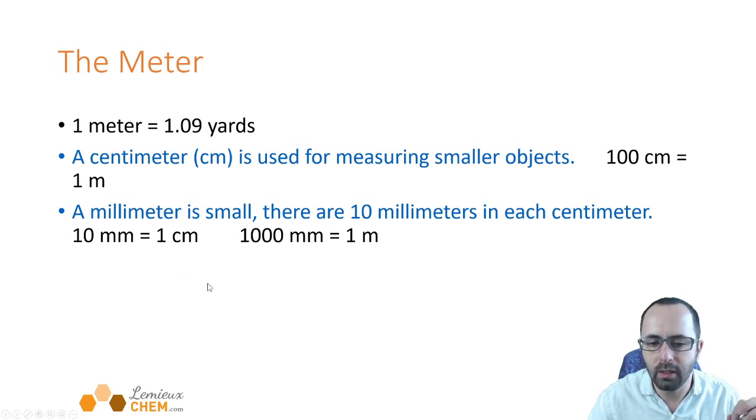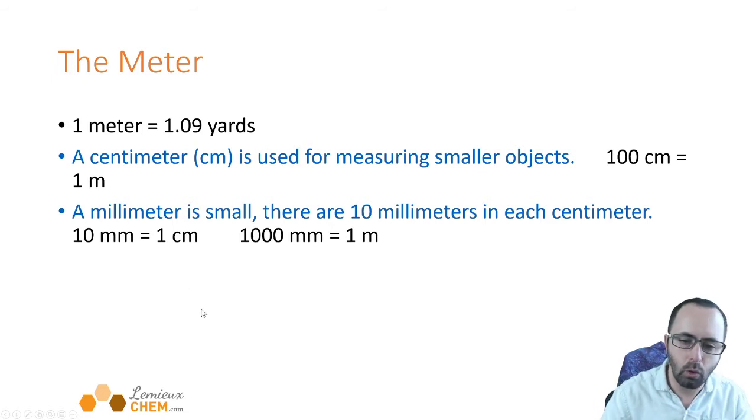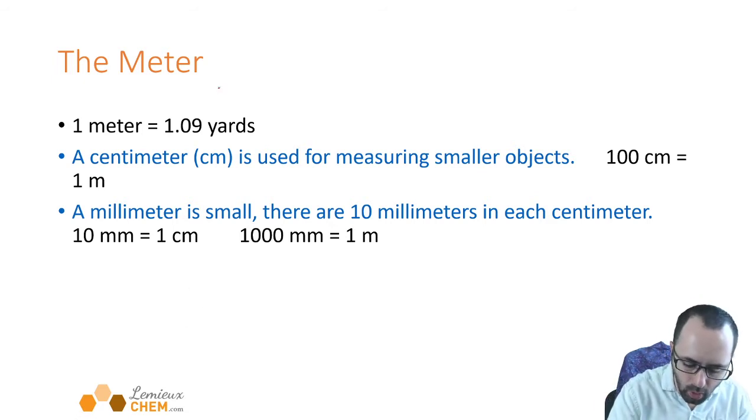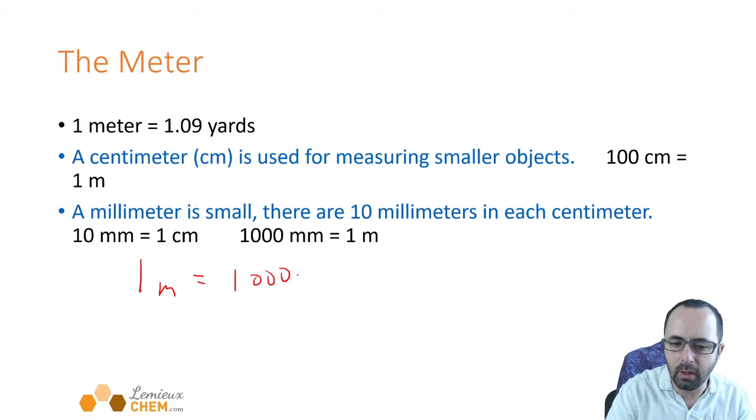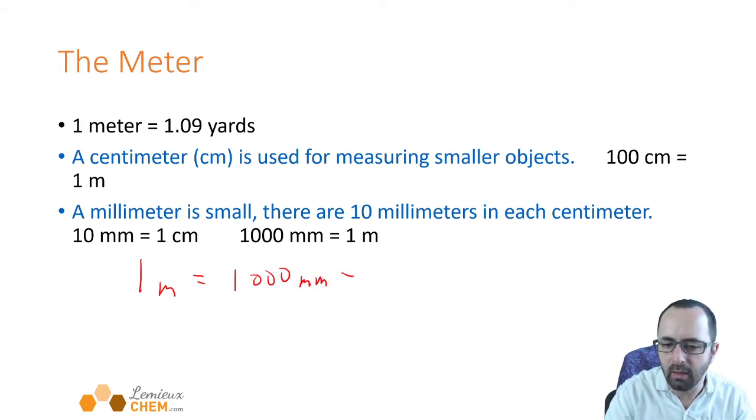How do we get that relationship? Let me show you. We already said that 1 meter is the same as 1,000 millimeters. Millimeters are very small, 1,000 of them fit in a meter. And that is also equal to 100 centimeters.